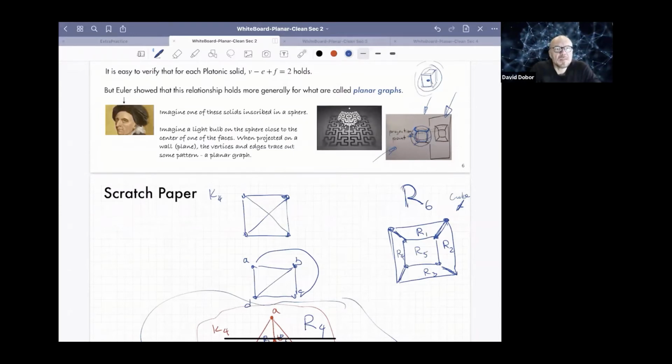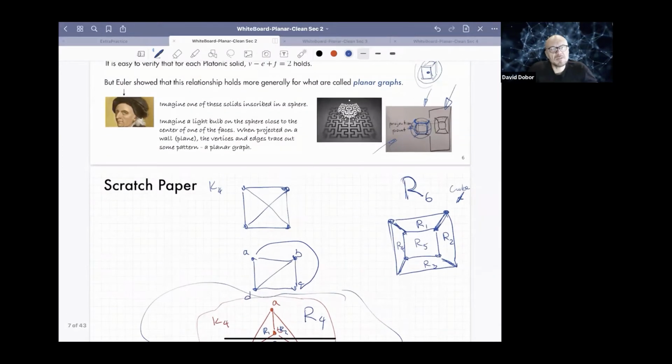It's no different, right? Does this make sense, what I'm talking about here? Any comments about this so far? So we have some number of regions. What we're after is determining the relationship that must exist between the number of regions, the number of vertices, and the number of edges of any planar graph.